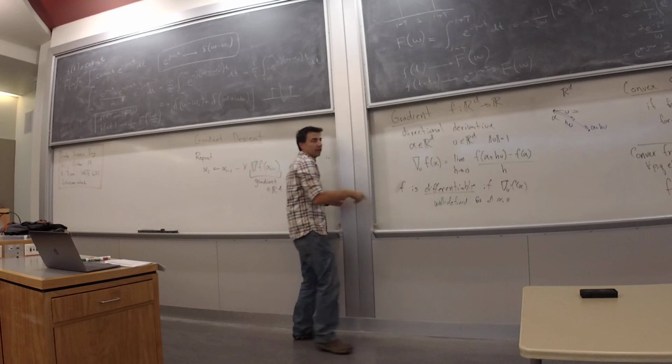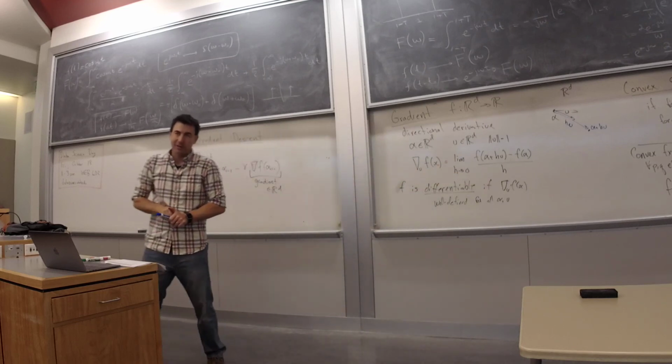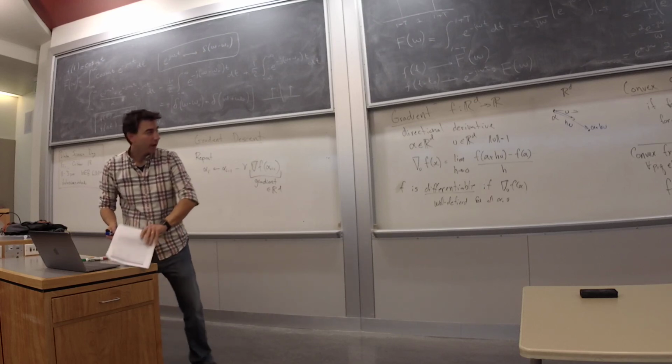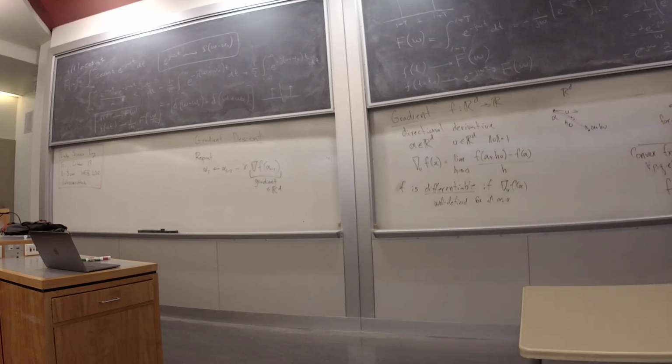So I'm taking a limit, I need to make sure the limit is well defined, and there are some details that come with that. It turns out directional derivatives don't have to be hard.